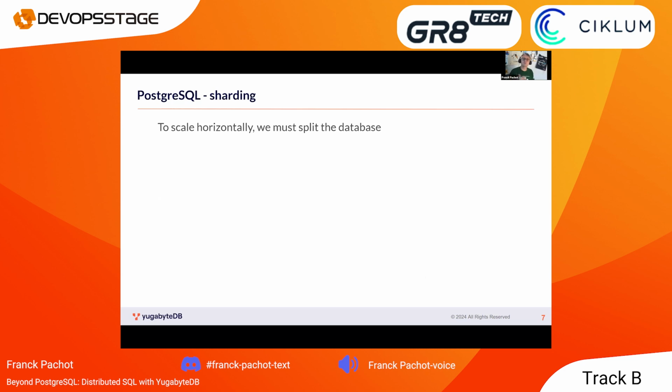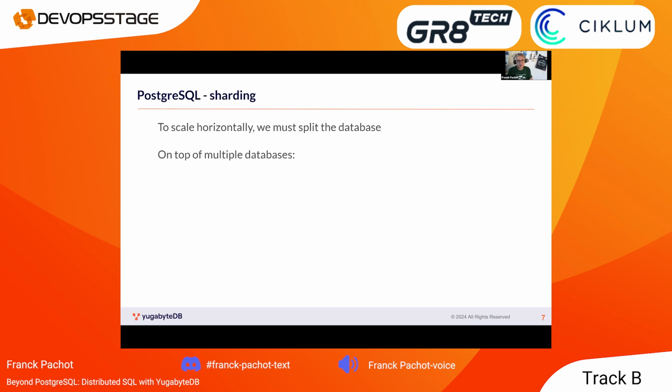So in short, scaling up is downtime. Scaling out, you want to scale out and then look at the solutions for that. And the solutions are replication and sharding. To scale horizontally, we must split the database at some point, run some part of the database in different servers, and then, of course, replicate them.